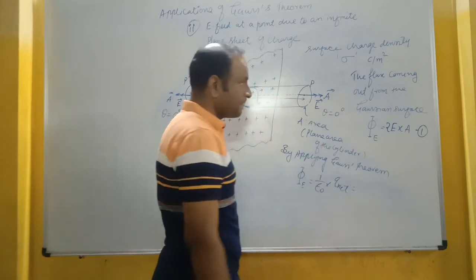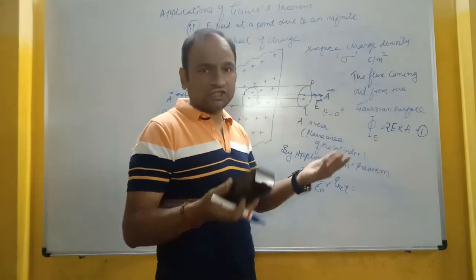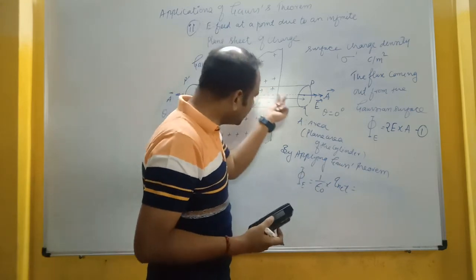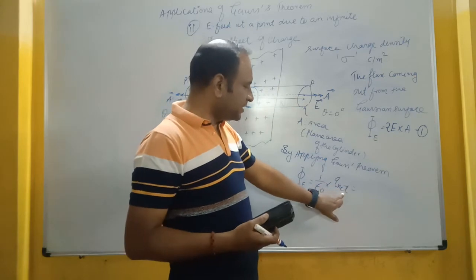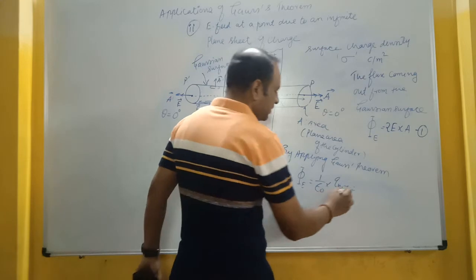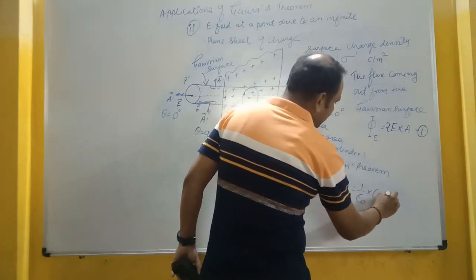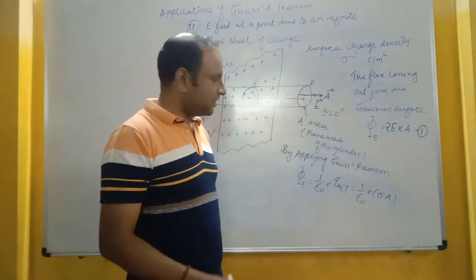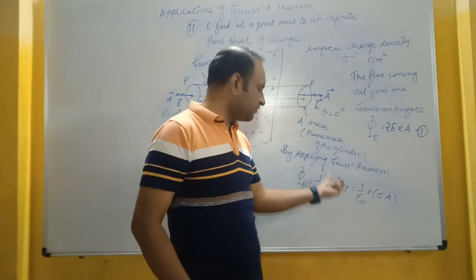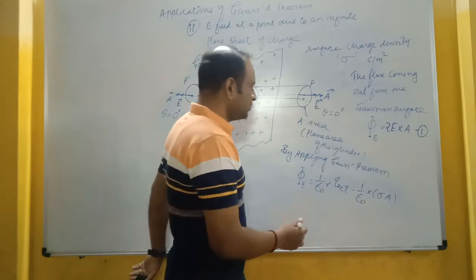Now, what is the net charge present? What is sigma? Sigma is charge per unit area. The charge per unit area multiplied by the area would be giving me the charge enclosed inside. So what is the value of this Q net? It is sigma multiplied by A. So sigma into A, the charge per unit area multiplied by the area, would be giving me the net charge. So that is equation number 2.